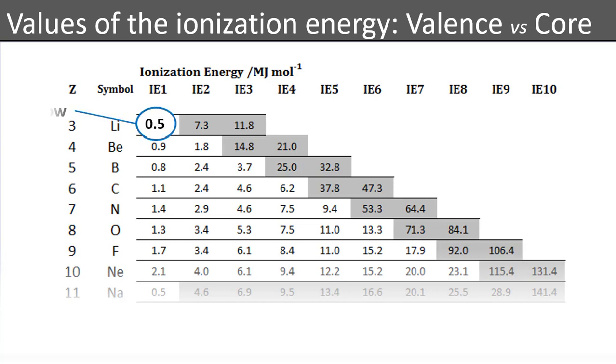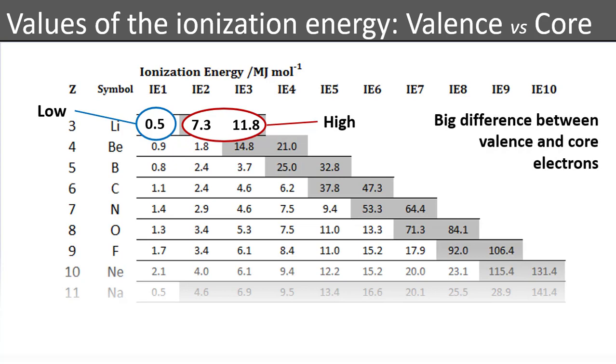The table shows the successive ionization energies for a lithium atom. It costs 0.52 of our units of energy to remove the first electron, and 7.3 for the second, and 11.8 for the third. Look, it's more than 10 times more difficult to remove the second electron compared to the first.